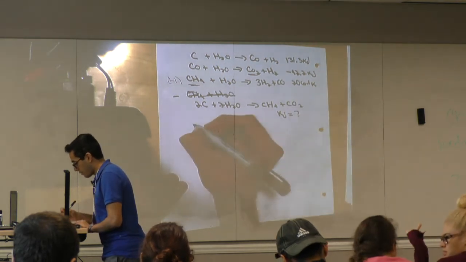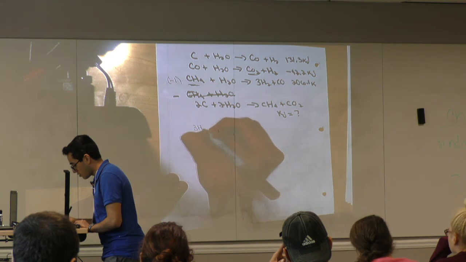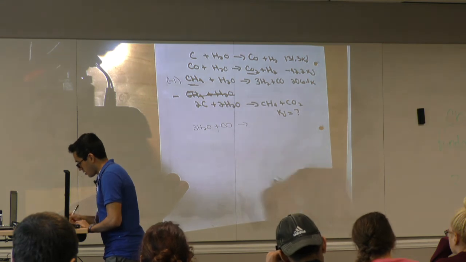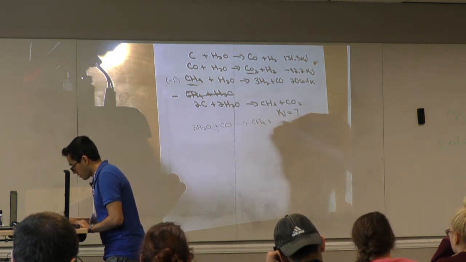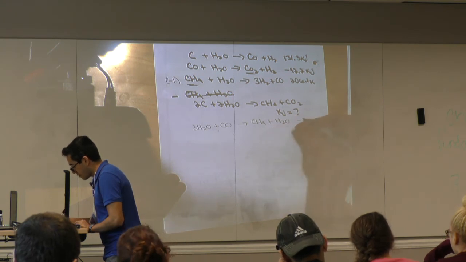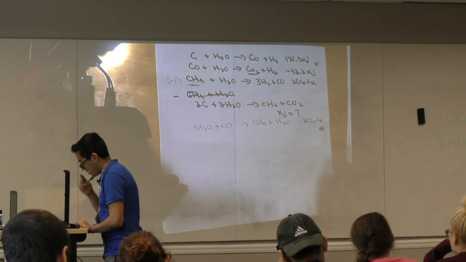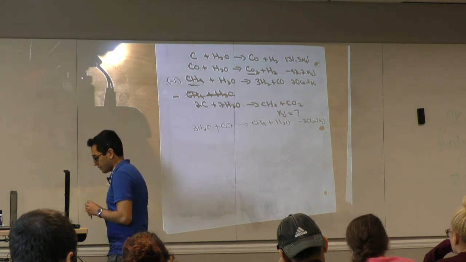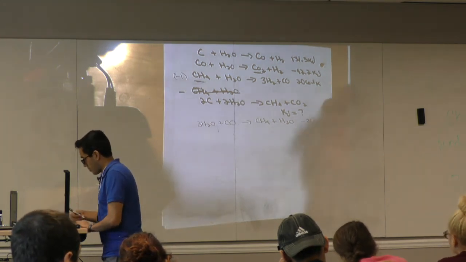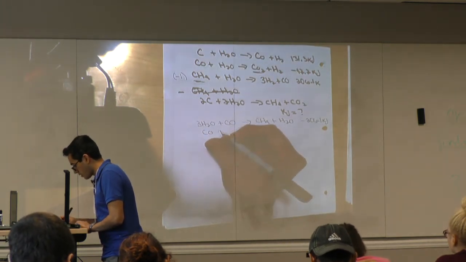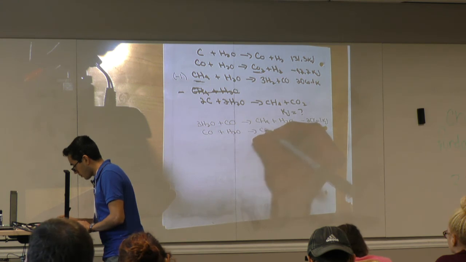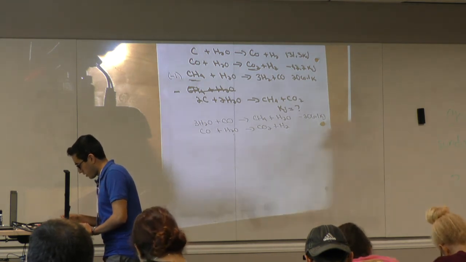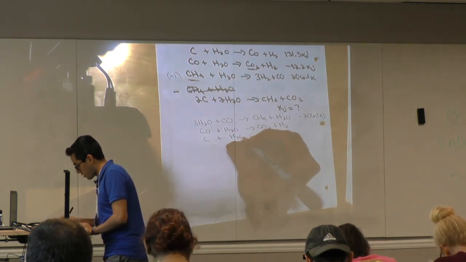So now we have 3H2 plus CO gives us CH4 plus H2O at -206.1 kilojoules. And now we bring down everything else: CO plus H2O creates CO2 plus H2, and then we have C plus H2O.